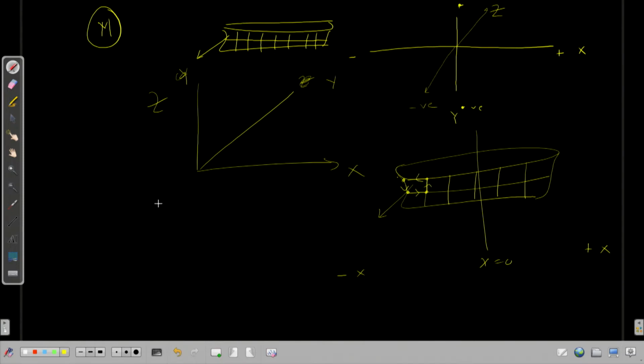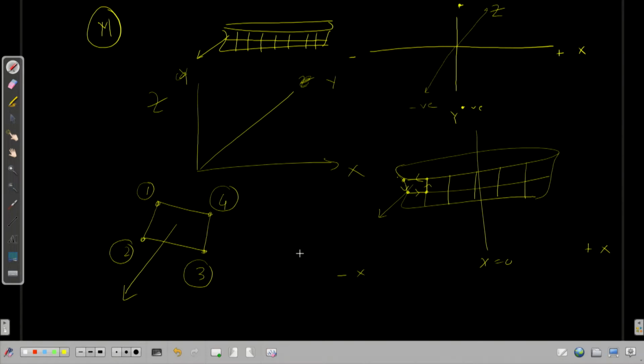I said that my meshing should be anti-clockwise. So, if it is the point number 1, this should be the point number 2, this should be the point number 3 and this should be the point number 4. If you do that, then the normal is always outward to the body, inward to the fluid.